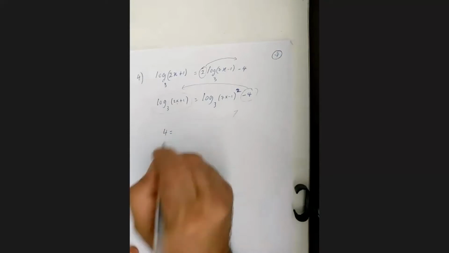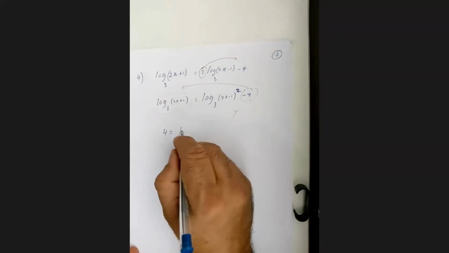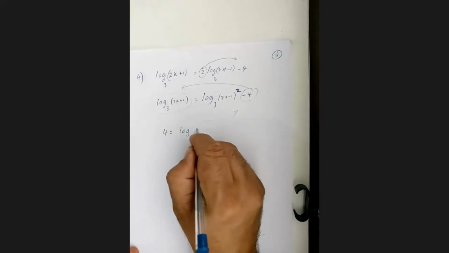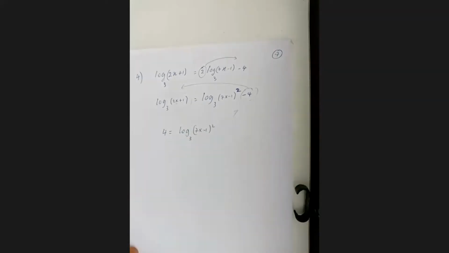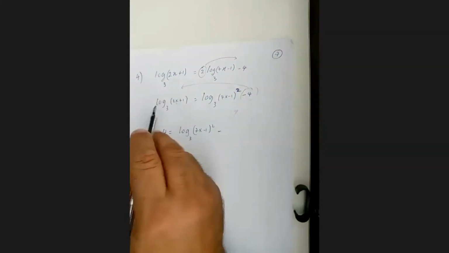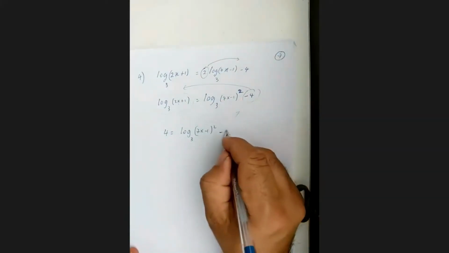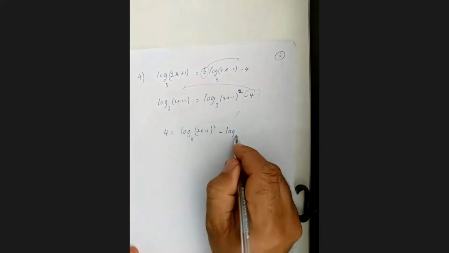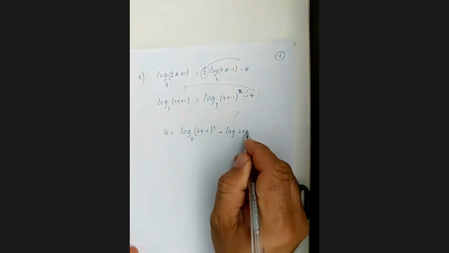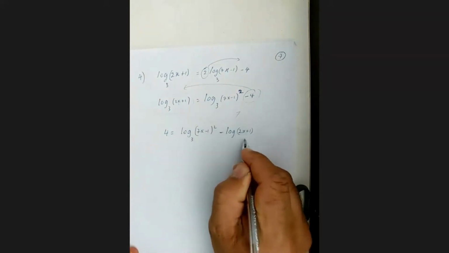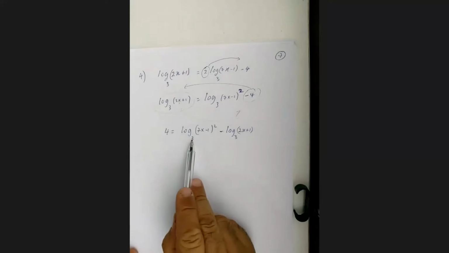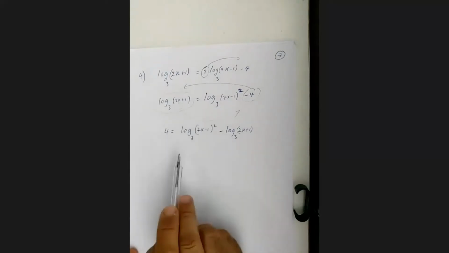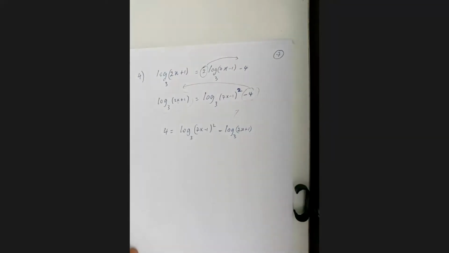So 4 is equal to logarithm of (7x minus 1) squared to base 3 minus, it was plus, on the other side it is going to be negative, logarithm of 2x plus 1 to base 3. As you see, here we have equal bases 3 and we have a negative sign.